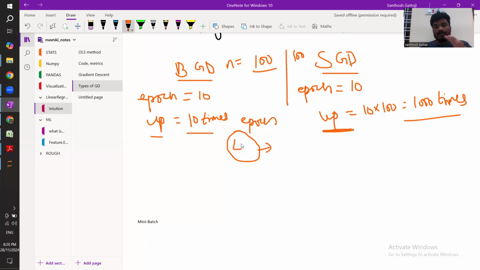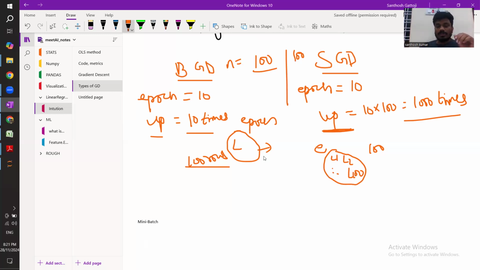Here, inside one epoch, loss is also calculated for 100 rows, 100 times. So L1, L2, up to L100, all losses are getting calculated, but individually.